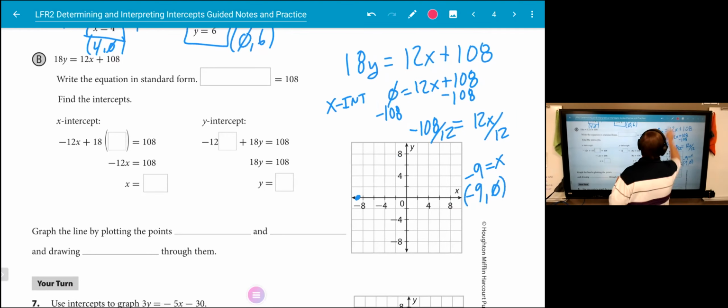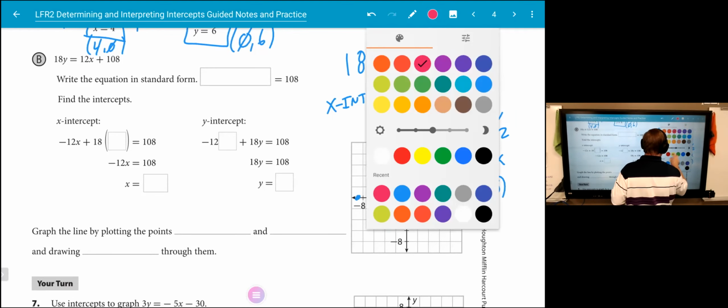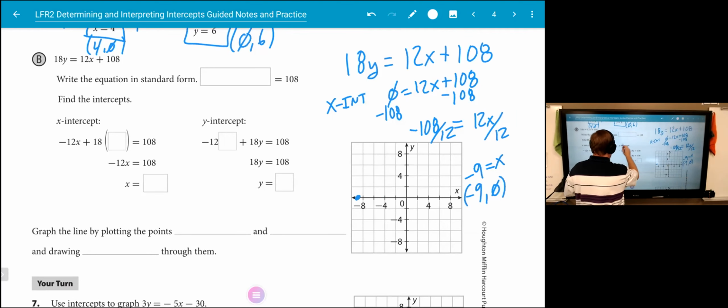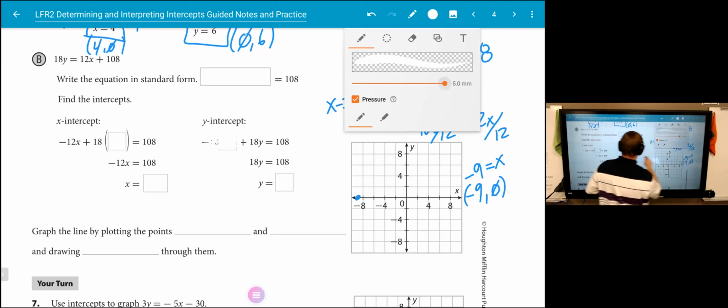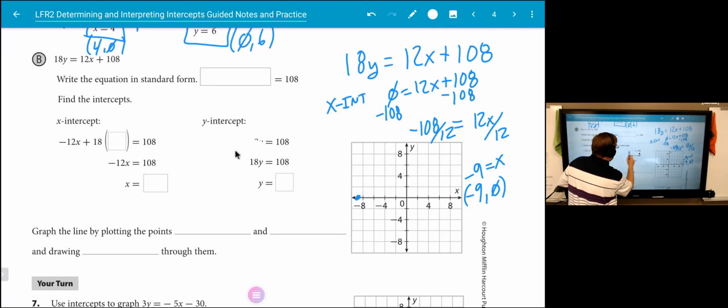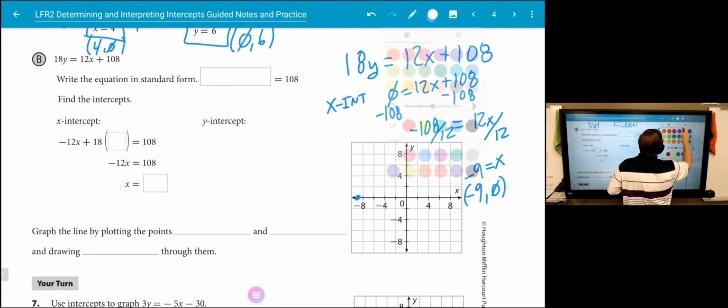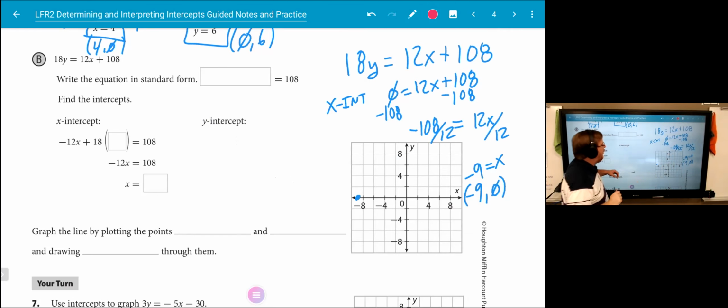If you want to do the y-intercept, let's throw a different color on here. Y-intercept. This is fun too. We're going to take this same equation and make x 0.